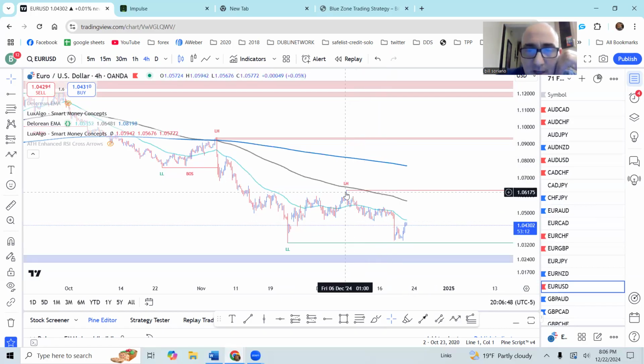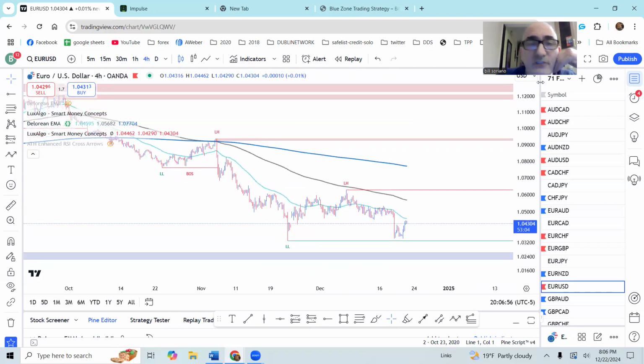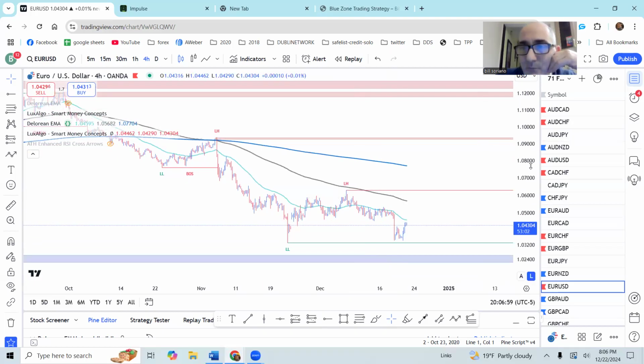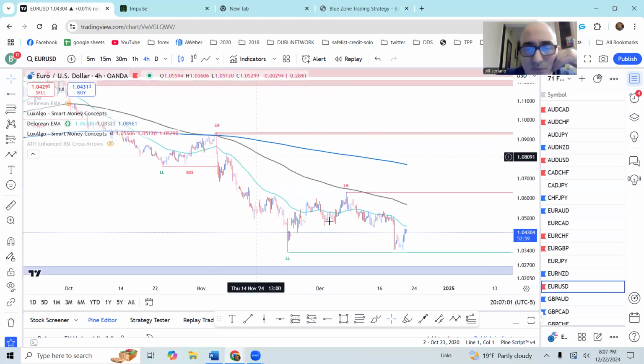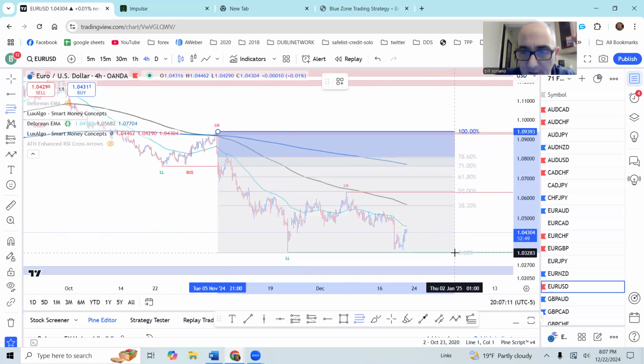Okay, so that's why we know to use this swing high right here. Now, there are order blocks up here as well, but we want to use the closest one. We want to get the closest significant swing high so that we have a better chance to have a trading opportunity. So that's why we draw our fib from there down to there.